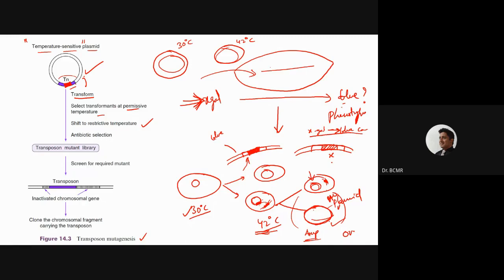All the rest of the cells, if they are growing, were growing because the transposon has moved onto the genome. So in this step, what you're doing is selecting for all the mutants, all the cells that have got the transposon on the genome.